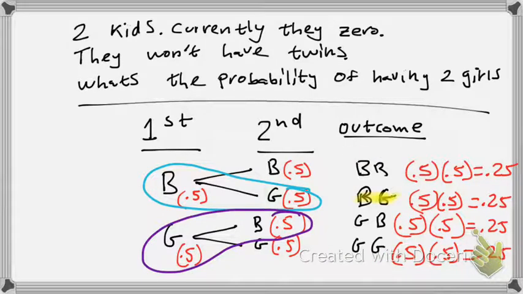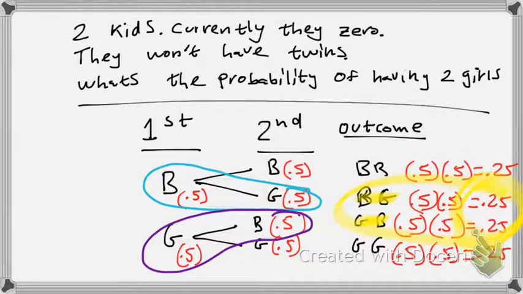The second one does right here, and this third one, right? Both those outcomes fit the scenario of having one boy and one girl. So to figure out the probability of having one boy and one girl, we don't care about the order. We just add those 2 probabilities together, 0.25 and 0.25, and that'll get you 0.50, which is 50%. Right?